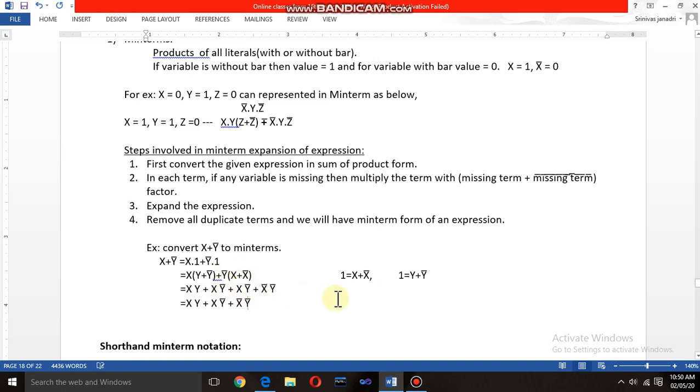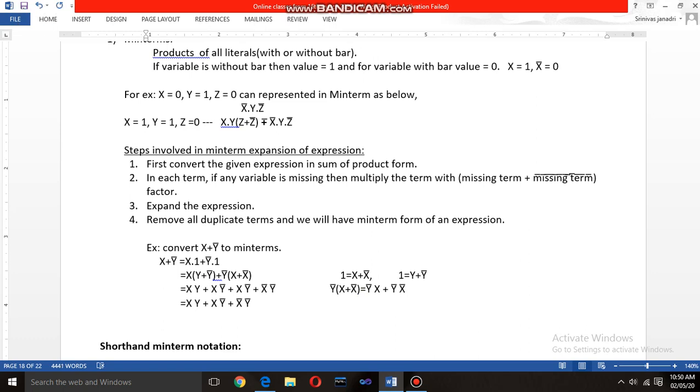Here in the second term, when you multiply y complement with x plus x complement, you can just observe the difference here. It will be x y complement into x and also y complement into x complement.